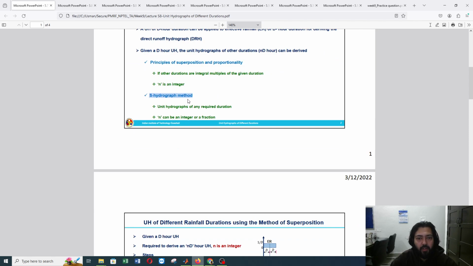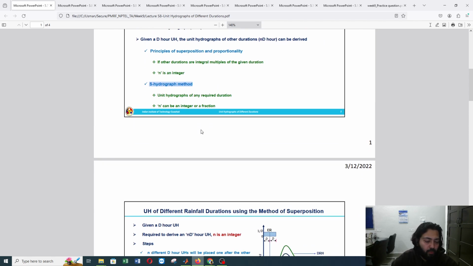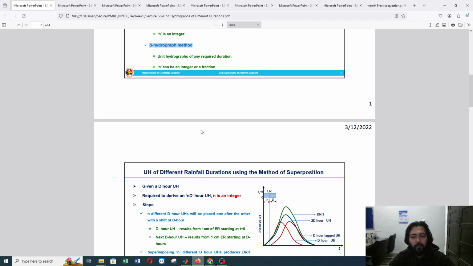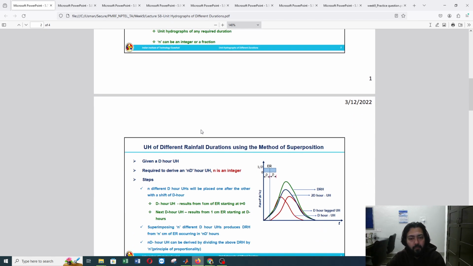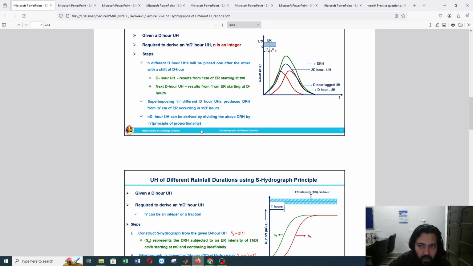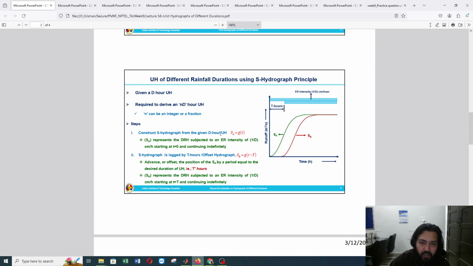Whereas for the S hydrograph method, first we need to derive the SA ordinate and SB ordinate. So what are SA and SB ordinates? SA ordinate is the ordinate for time at 0, where there is no time lag, when t is 0, and SB is the ordinate of the S hydrograph with a time lag of TR.